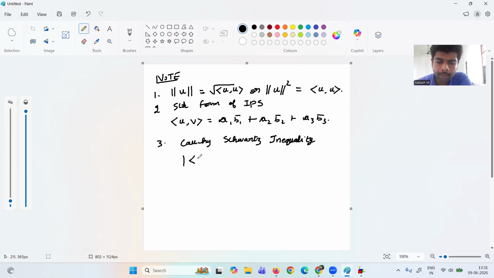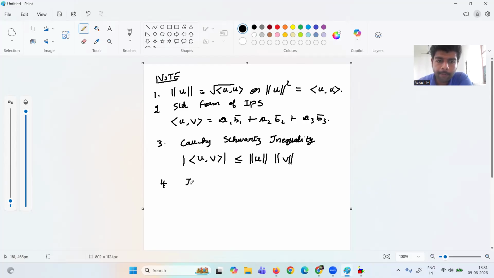Modulus of inner product of u comma v is less than or equal to norm of u times norm of v.